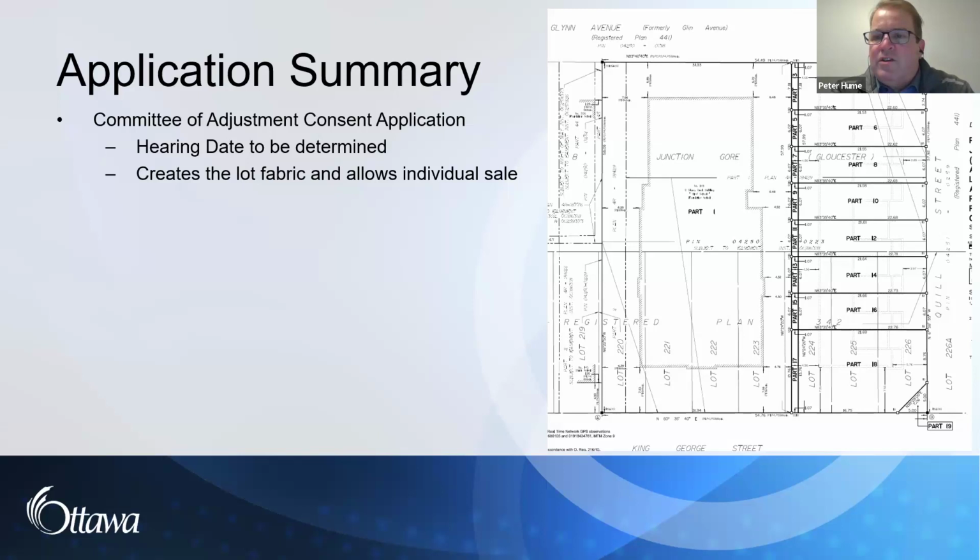Part 1 is the retained land, the school, and then you can see the individual lots that are created to allow individuals to own each of the townhouses that will be constructed on the former, I guess there's a small park there, or a small school playground, and the parking spaces.